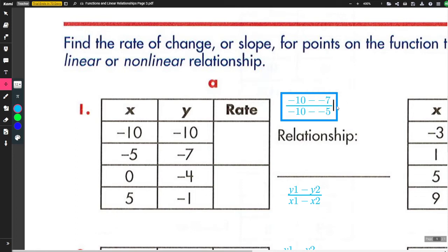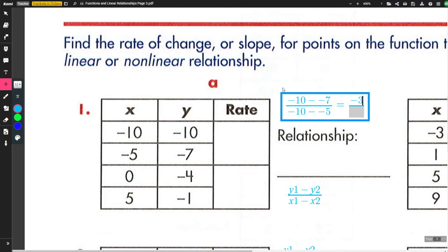So what does this equal? Well, I have -10, and I'm taking away -7. Well, that's -3, because 10 minus 7 is 3, and since they're both negative, it's -3.